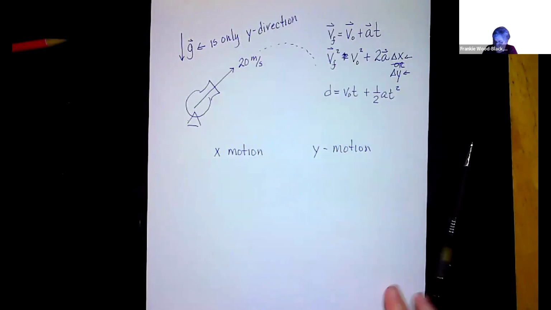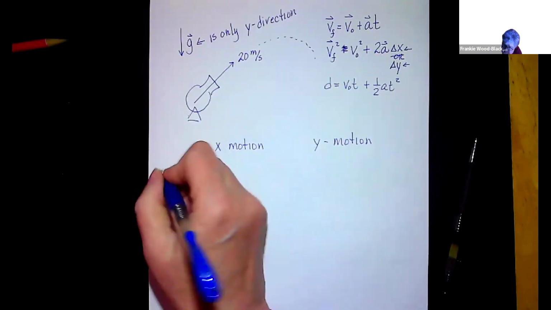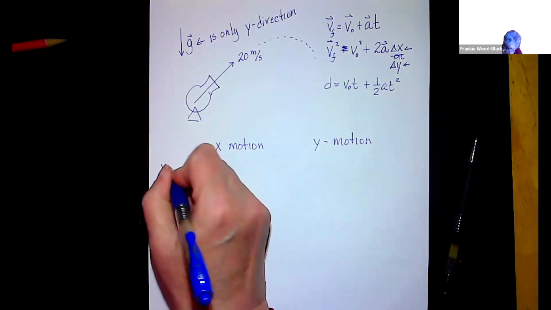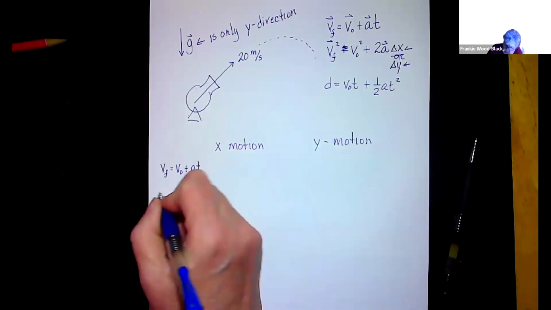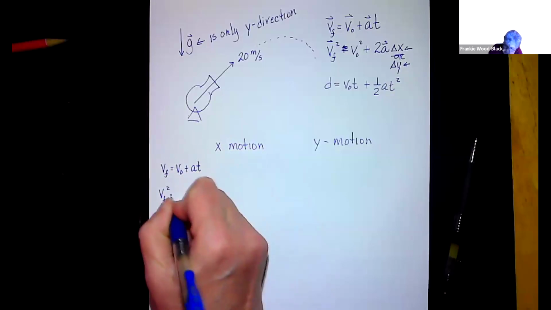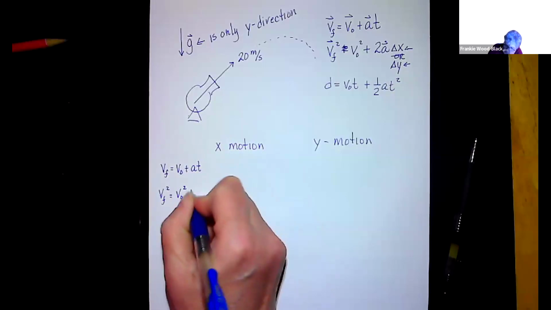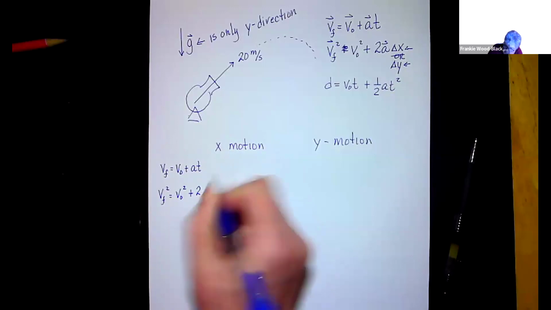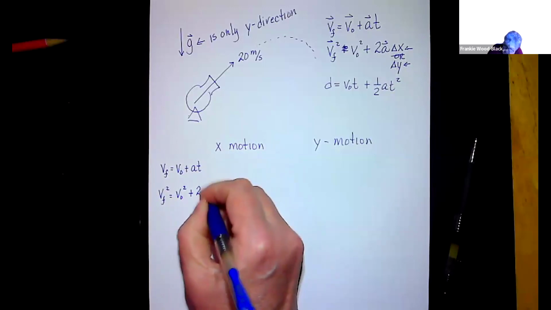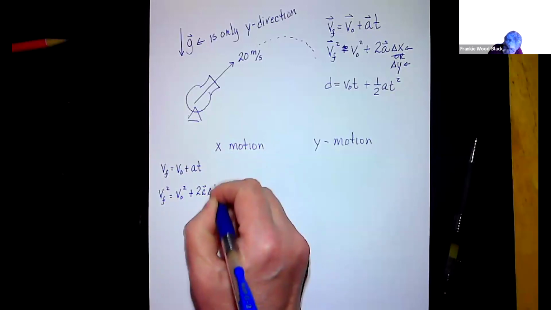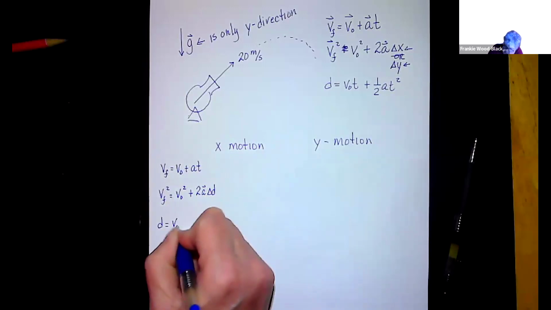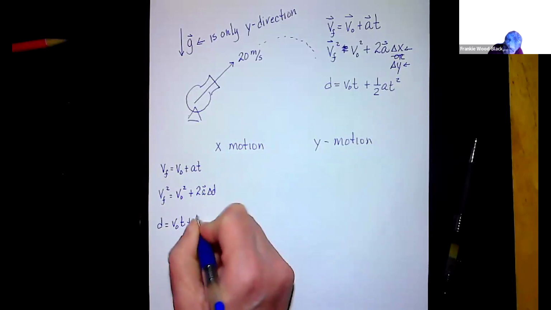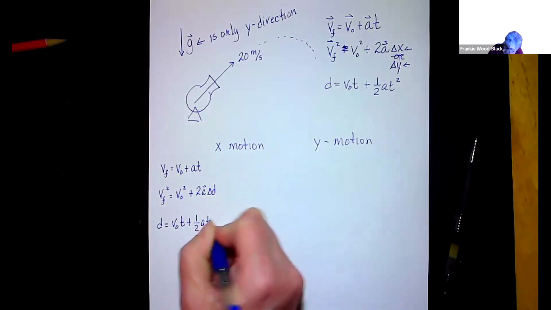So if I take my toolkit, my final velocity is equal to my initial velocity plus my acceleration times time. My final velocity squared is equal to my initial velocity squared plus 2 times my acceleration times my change in distance. And then I have my distance is equal to velocity times time plus 1/2 acceleration times time squared.